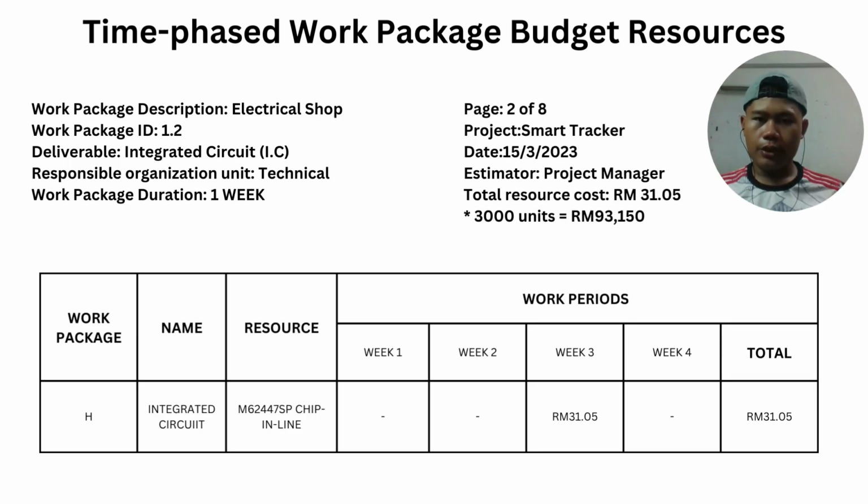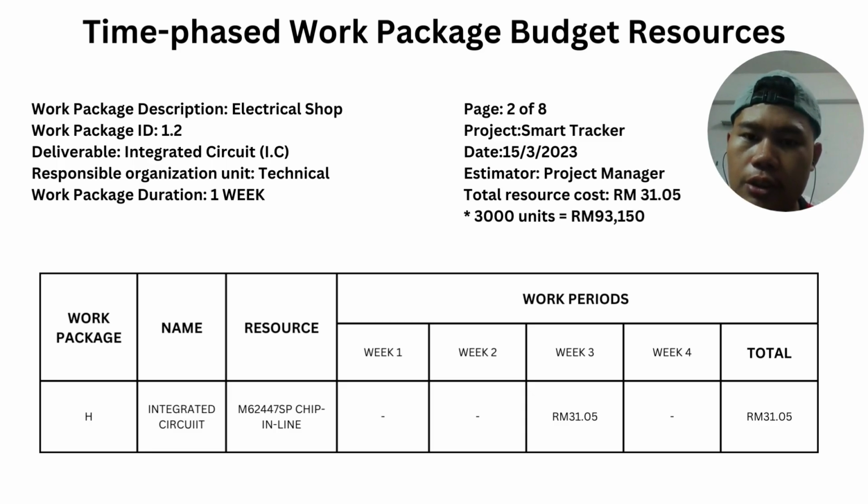Alright, time phase for package budget resources, material cost. For this slide, work package description is electrical shop. Work package ID is 1.2. Actually, we get the package ID from WBS. The deliverable is the integrated circuit.